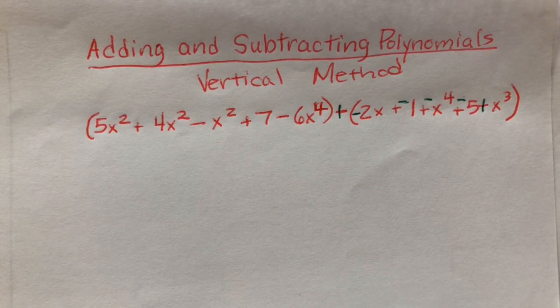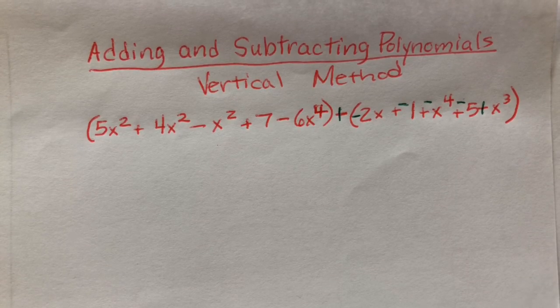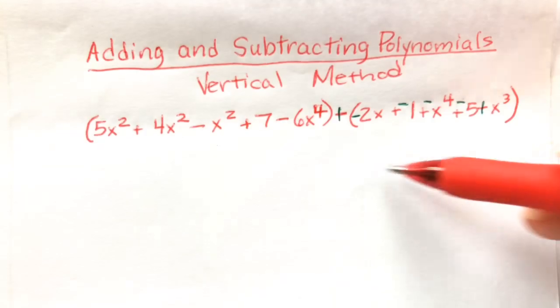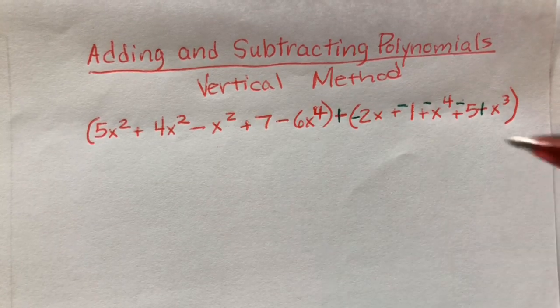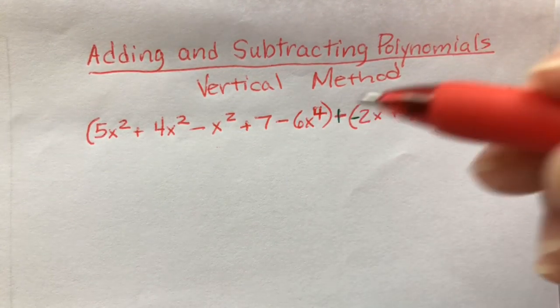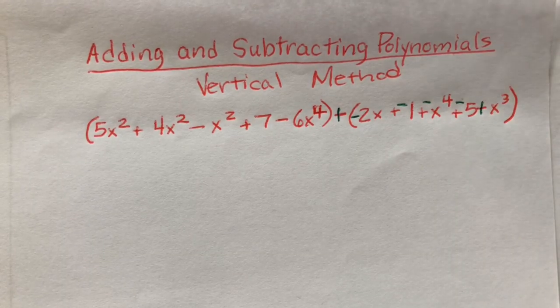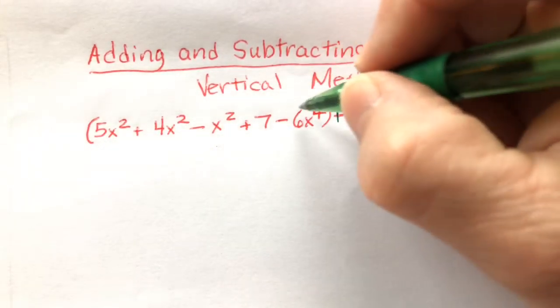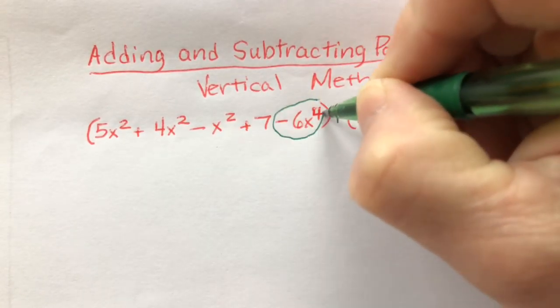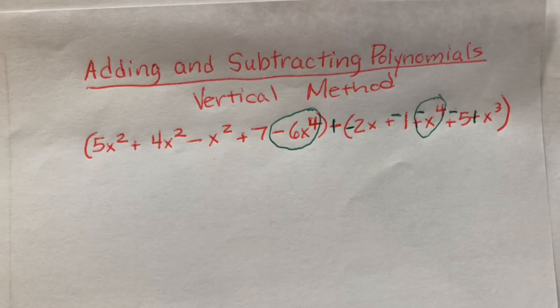So now we are going to look at the polynomial with the biggest term, and we're going to make a column for every degree of the term. I'm sorry, I meant the biggest degree, not the biggest term. All right, so the first one is going to be this x to the fourth. So I have one right here, which is a negative, and I have one right here, which is a negative, right?